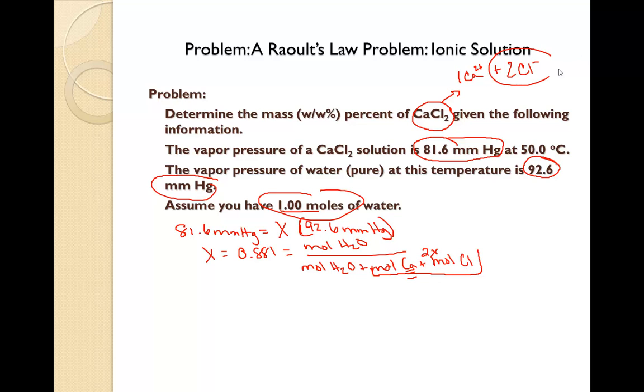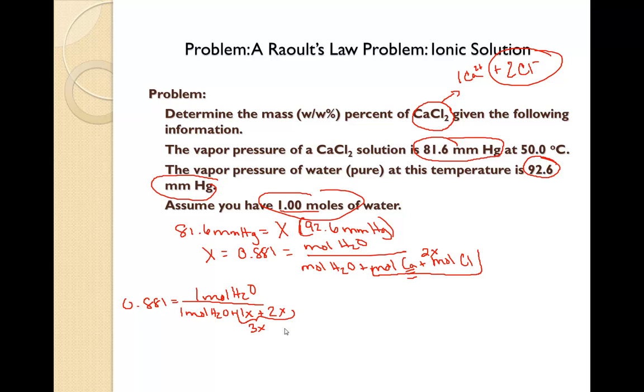So what we really have, 1 mole of water on the top. On the bottom, 1 mole of water again, and 1 times whatever that is, and 2 times however much we have of the calcium chloride. So we actually have 3 times the amount of moles from the calcium chloride.